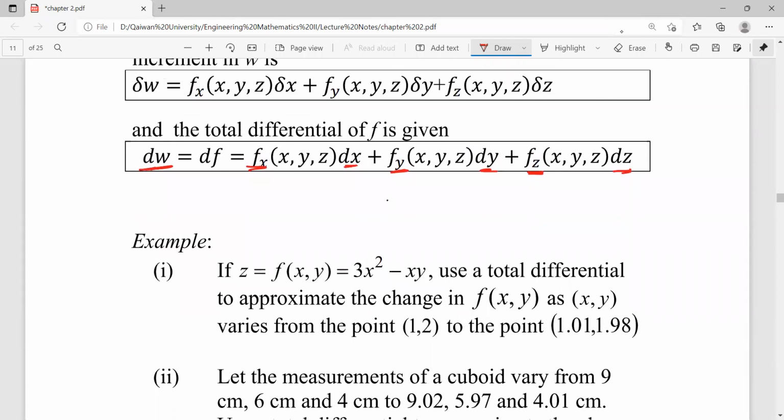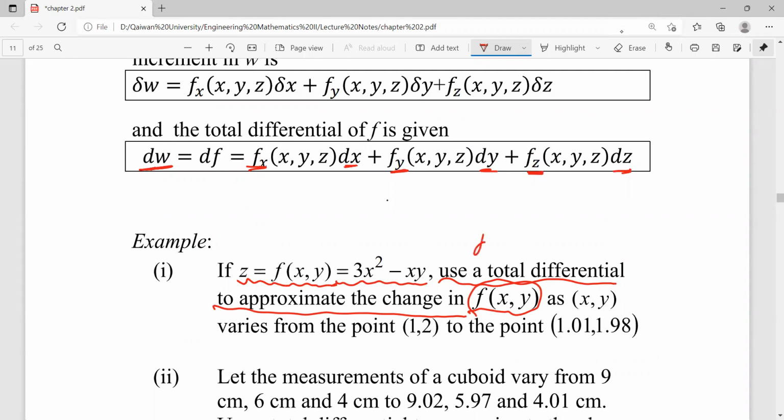In the first example, we are given this equation. Z equals f of xy, which is 3x squared minus xy. It says use the total differential to approximate the change in f of xy. What's f of xy? It's z. Here we should find the approximate change in z.